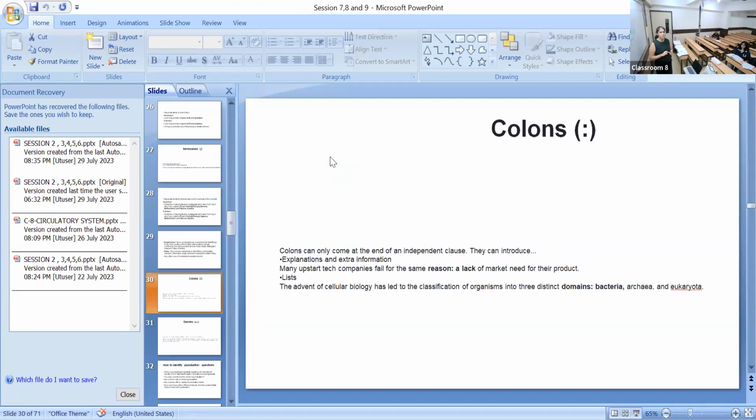So that is when you are using a colon. So you can just write down for colon, it can only come at the end of an independent clause. And it comes either for some explanation or for some extra information for the same part. So you can just make a colon and you can do that.